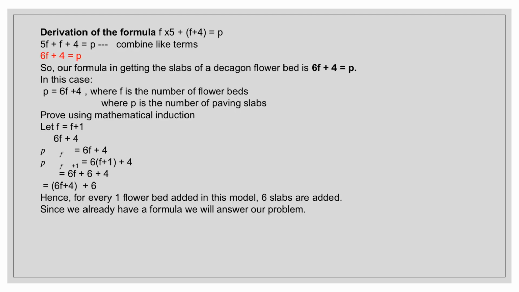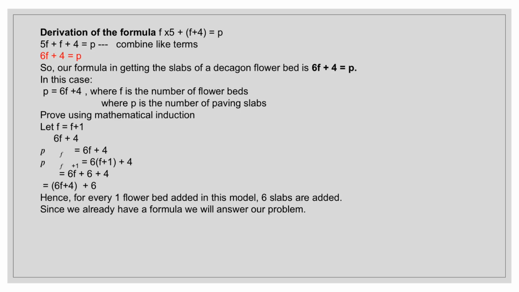Let F is equal to F plus 1. 6F plus 4, yun yung formula natin for decagon flower bed. So, P sub F is equal to 6F plus 4. Ngayon, substitute natin yung value ng F, which is F plus 1. P sub F plus 1 is equal to 6 quantity F plus 1 plus 4.